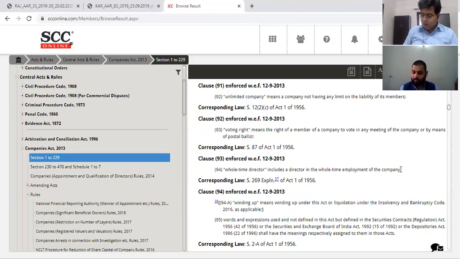Now, coming to the next point. How do you determine that there is an employer-employee relationship? There are 4 or 5 factors which are unique to an employer-employee relationship. First, the employer exercises control and supervision over the activities of the employee. Second, the employee has the right to payment of wages.